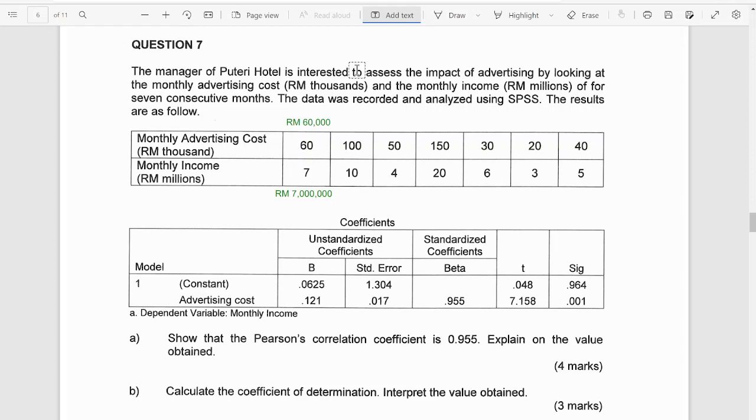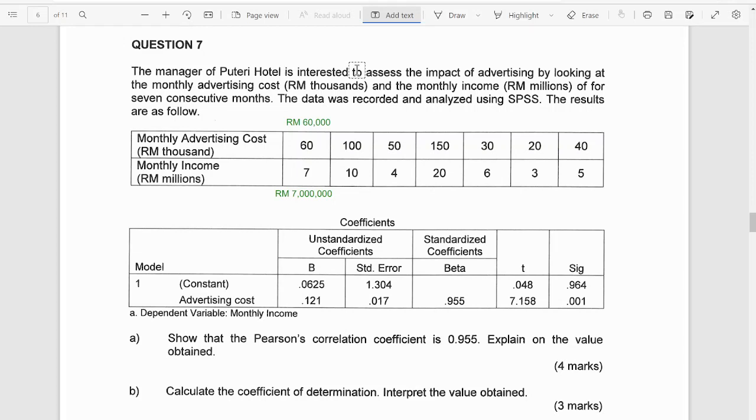But since the data used for correlation will also be used for regression analysis in our scope here, kita boleh gunakan data yang sama untuk korelasi dan juga regresi. It is wise for us to identify the dependent and independent variables in the first place, sebab independent dengan dependent variable is important in regression analysis. You need to specify which one is the independent and which one is the dependent variable.